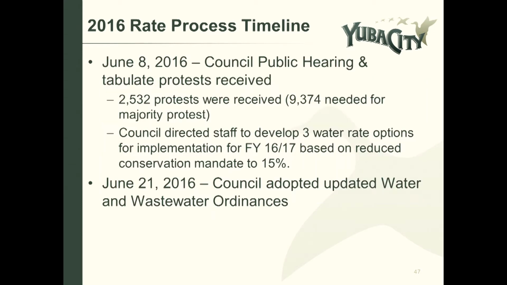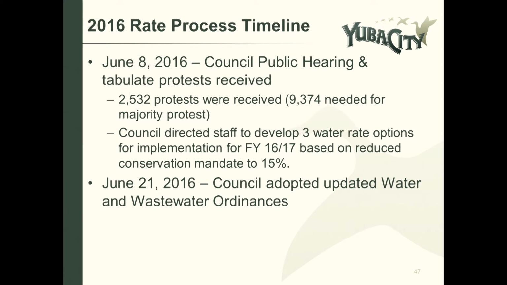On June 8th, Council again conducted a public hearing. Between the previous meeting and June 8th, we went through the Proposition 218 process. So at the June 8th meeting, the protests were tabulated. 2,532 protests were received, and 9,374 protests were needed for a majority protest.